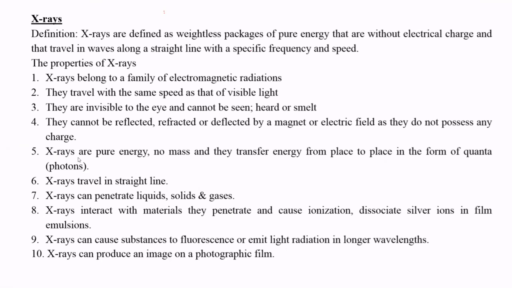And the second: X-rays travel with the same speed as visible light. The speed of light is very high in the universe. The X-rays also maintain the same speed, equal to visible light. That is the second property of X-rays.